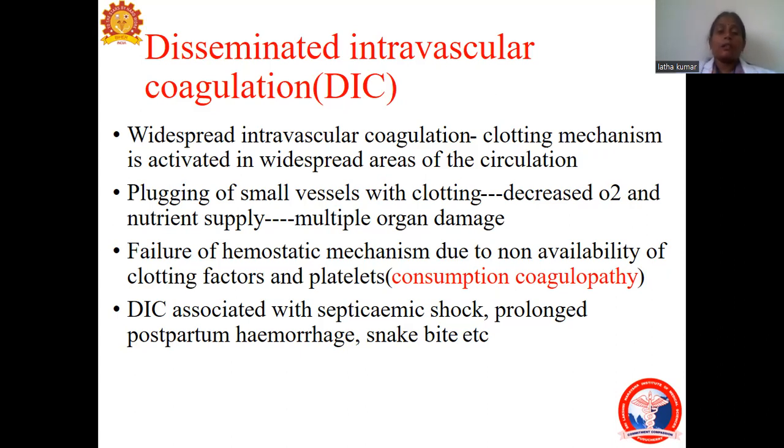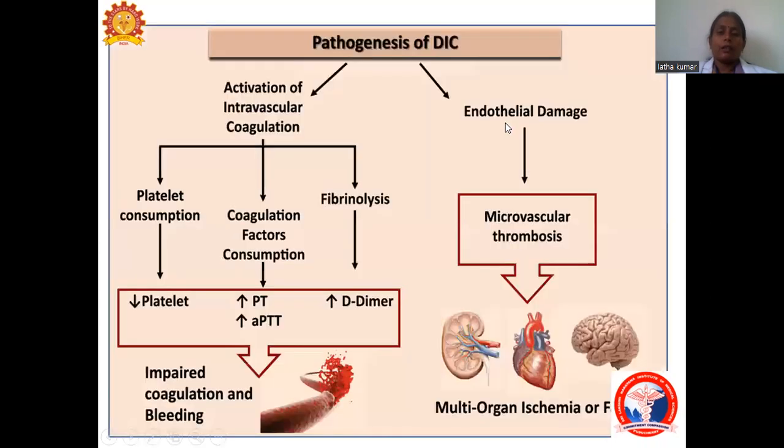Disseminated intravascular coagulation is associated with septicemic shock, prolonged postpartum hemorrhage, snake bite, etc. This chart shows the pathogenesis of disseminated intravascular coagulation.